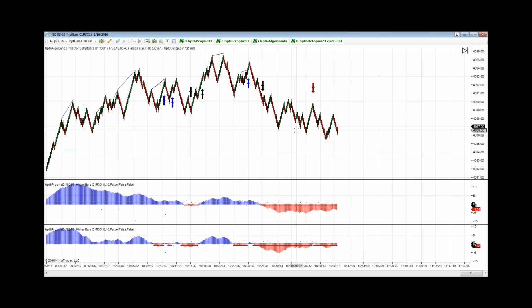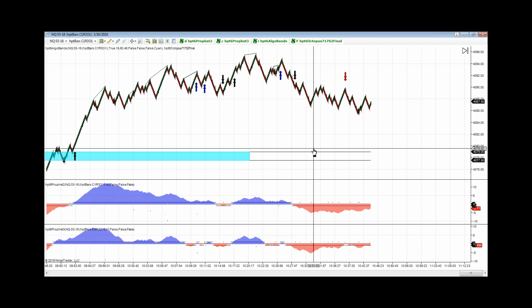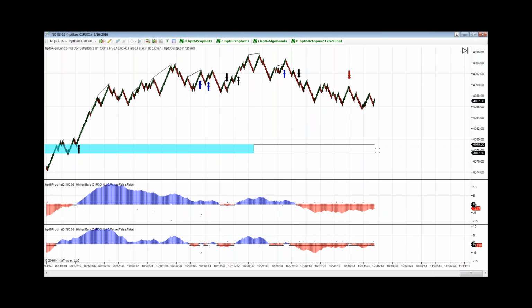If we were to come back down through here again, and we have not had a new algo band, then we would do the same thing. We would look back to the left to see what our last trade was, and or take the first arrow trade that occurred either closing above or closing below the algo band.